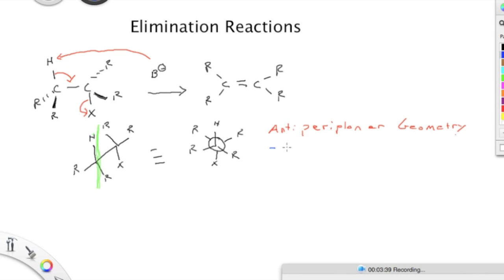So what this means is that all of the reacting species are in the same plane. Right, so we end up with this anti-periplanar geometry. This is the type of geometry that is important for E2 reactions.